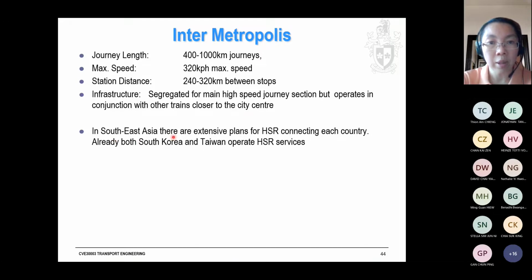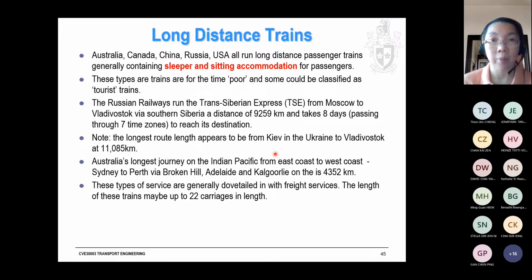In Southeast Asia, there are extensive plans for HSR connecting each country, and we already see both South Korea and Taiwan operate their own HSR services. Not cheap, but it's fast, really fast.